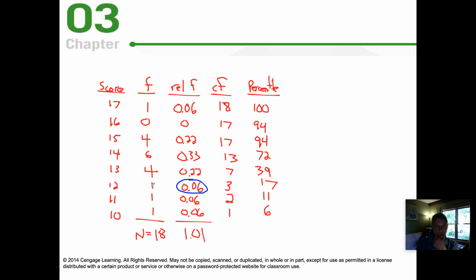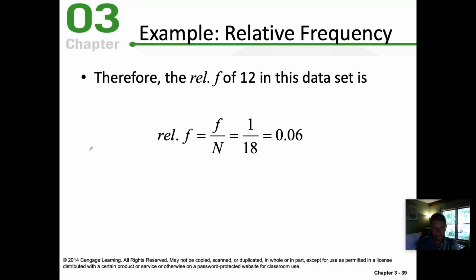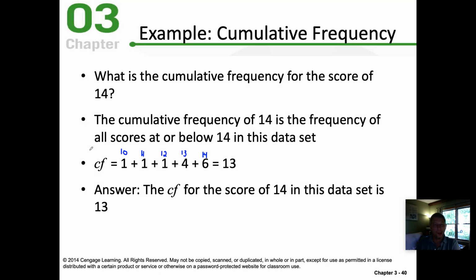1 plus 1 plus 1 is 3, plus 4 is 7, plus 6 is 13. And this is the data that we're looking for. And so the cumulative frequency is 13.